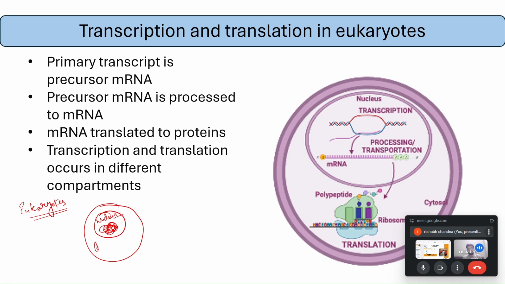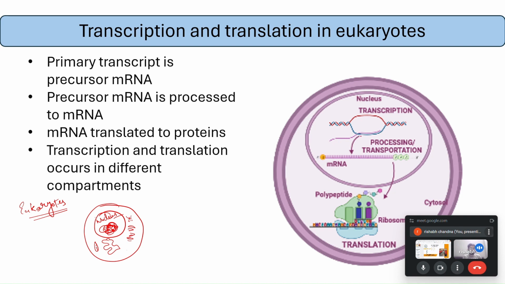This is the mitochondria, this is the endoplasmic reticulum, then we have the Golgi apparatus, then the centrosome, and various other organelles.